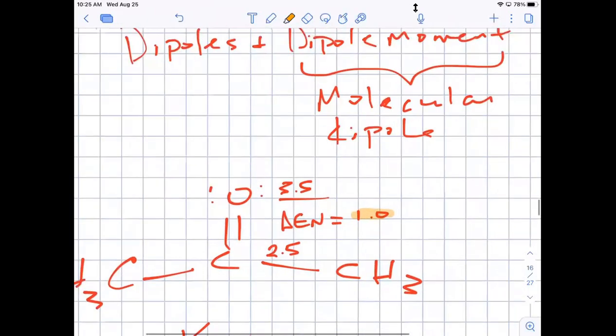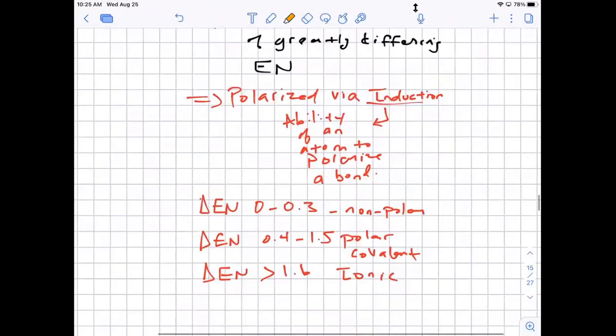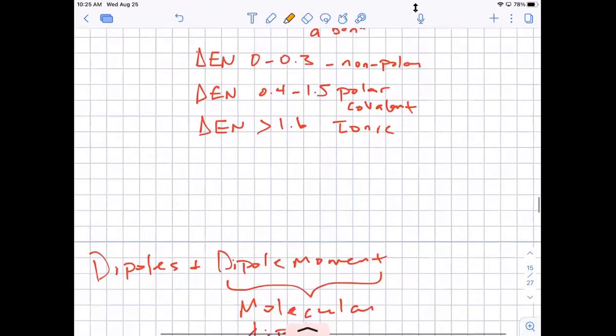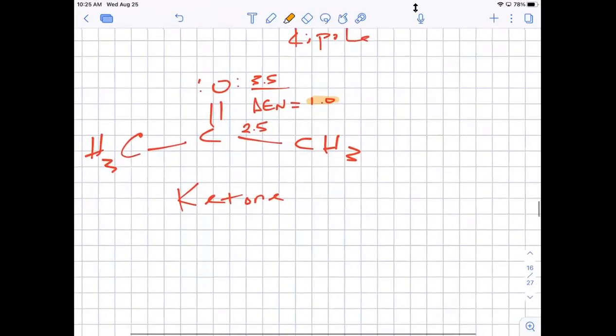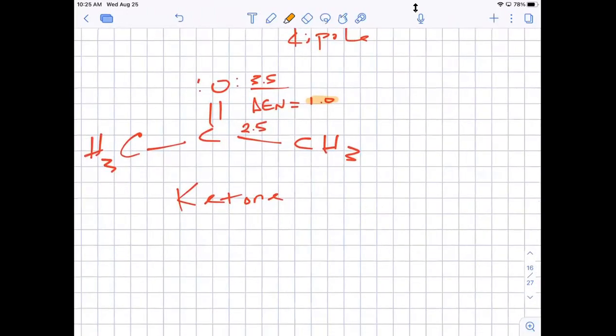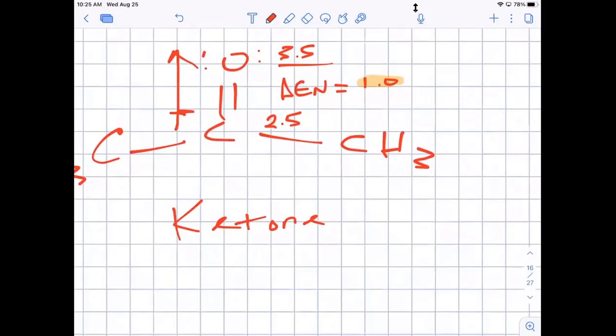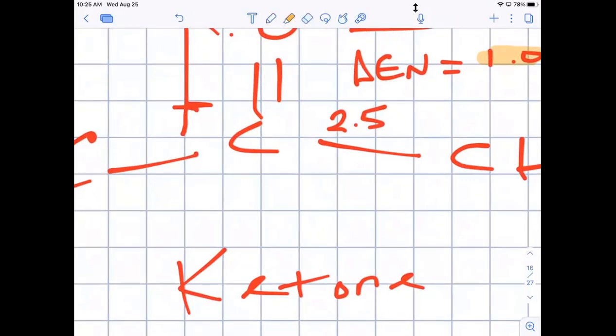Because on our scale, 0 to 0.3 is non-polar, 0.4 to 1.5 polar, and 1.6 and above is ionic. So this has a difference in electronegativity of 1. So there's a gigantic dipole going this way towards oxygen. All right. Any questions about that?